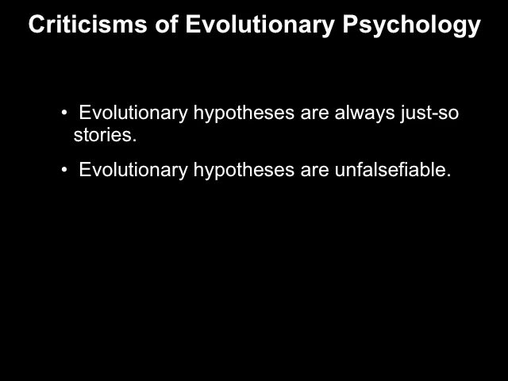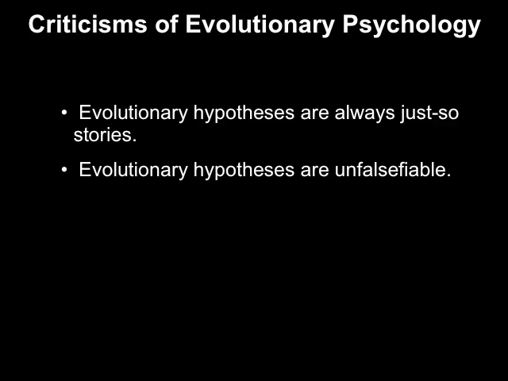And that's our second common criticism: that evolutionary hypotheses are unfalsifiable, that you couldn't possibly come up with any reason to say that an evolutionary hypothesis is untrue, and therefore it's not science. If you ever have a hypothesis that's impossible to disprove, it doesn't belong in science, which is why we tend not to investigate the grand questions.